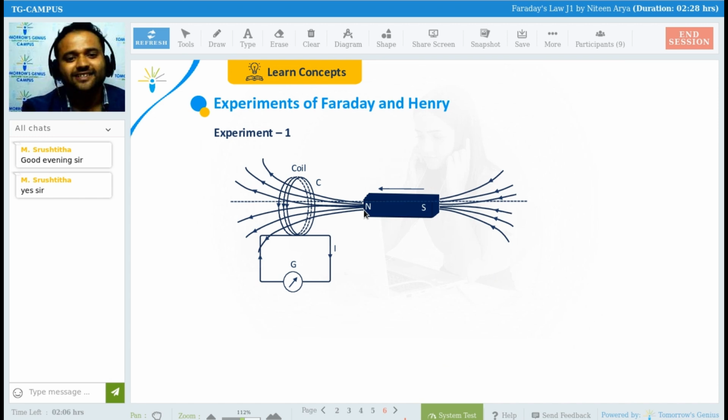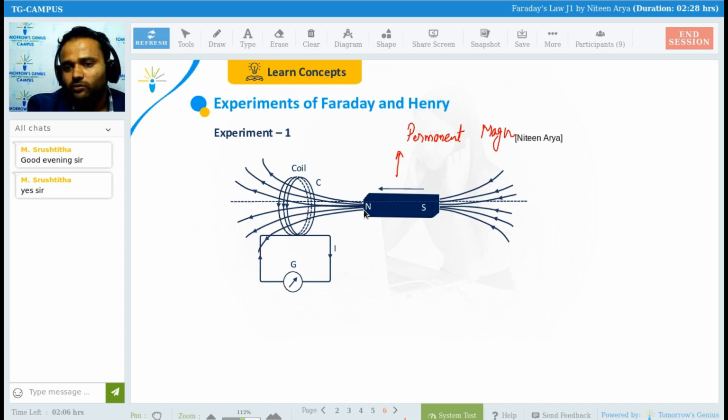Whatever I have been saying for the last 5 or 10 minutes, that is the thing. As you can see, there is a magnetic field. There is a permanent magnet, and this permanent magnet gives us a magnetic field.